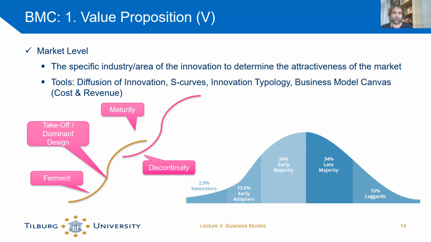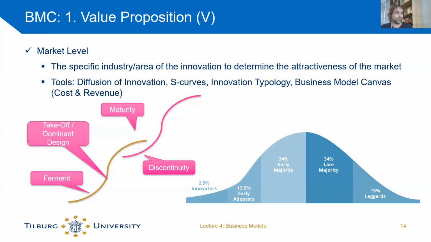So at the market level, the value proposition explains how the innovation will diffuse. How is it related to the technology innovation in general? What kind of innovation is it? And also to the cost and revenue itself, of course, because that is partly determined by the type of innovation and the technology curve.